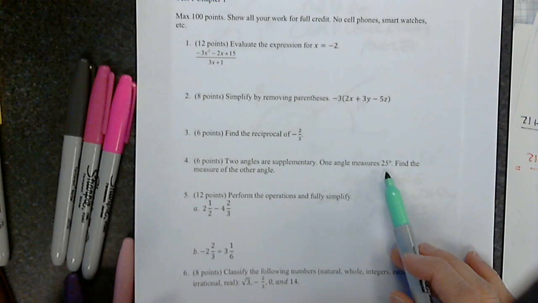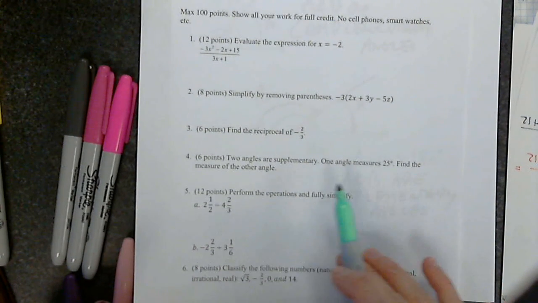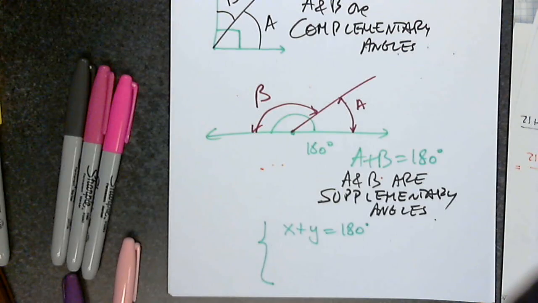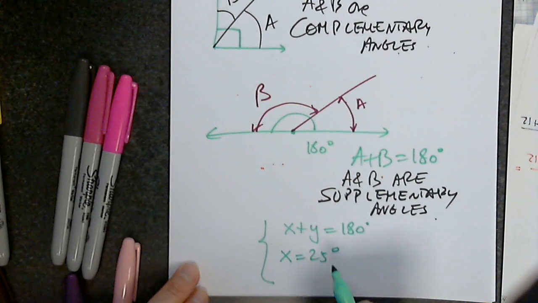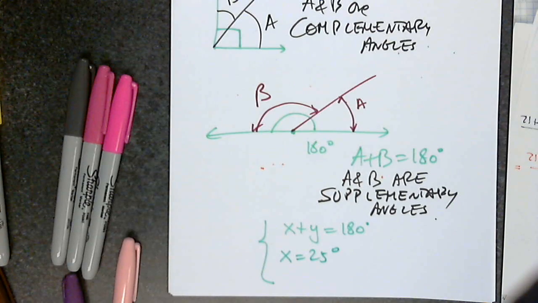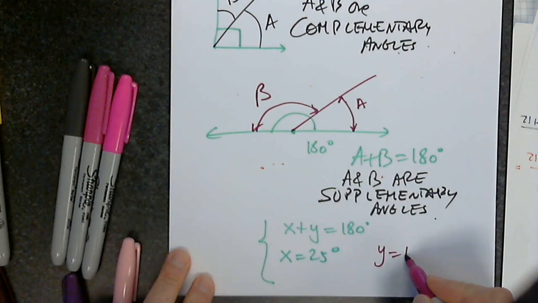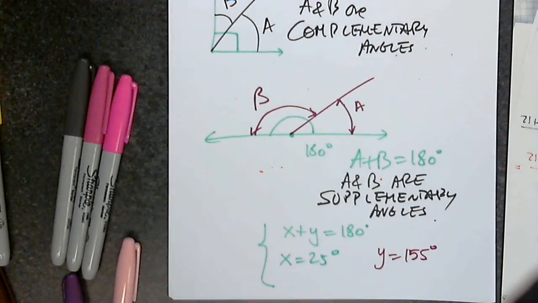One angle measures 25 degrees. Find the measure of the other angle. So what is the measure of the other angle then? Done.